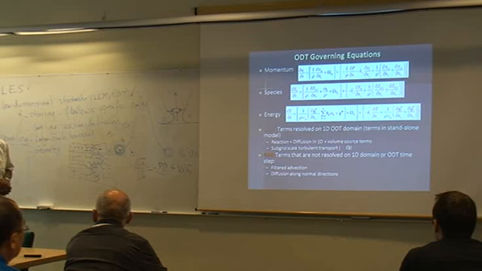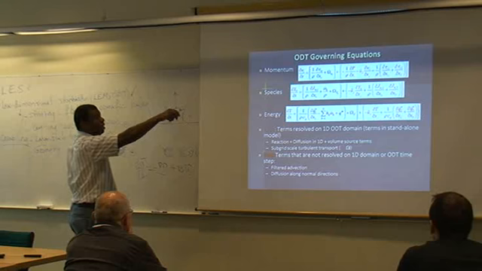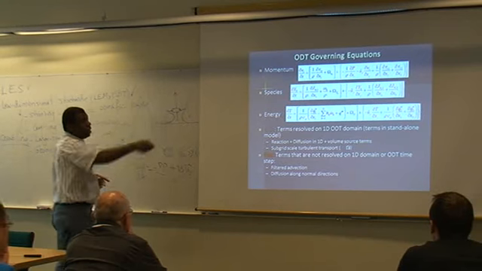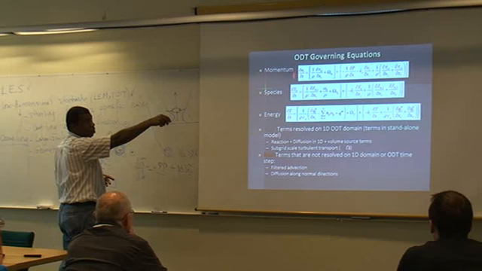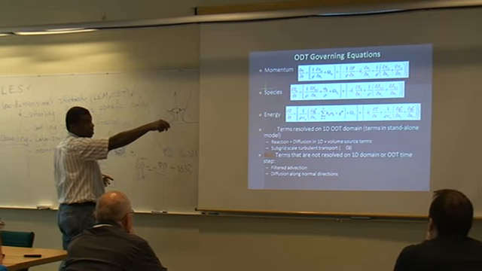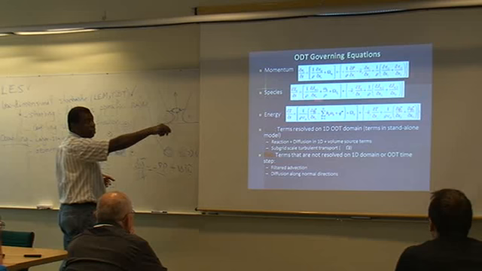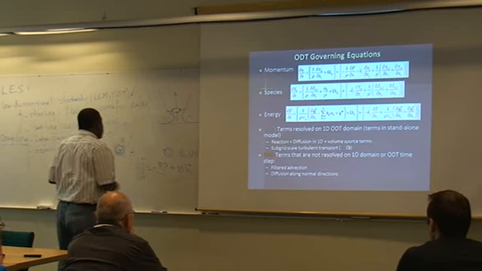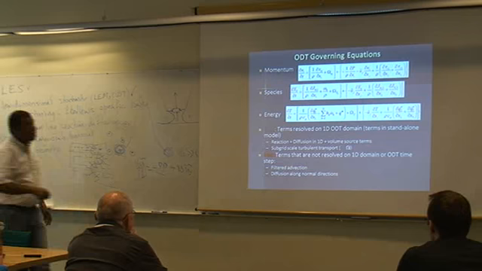And then the ODT equations. Here I'm writing a detailed equation. It does not mean that all the ODT looks like this. What I'm showing here are the unsteady terms for momentum, that's the coupling term, then species and energy. Then you have some terms that are resolved on the 1D domain, and some extra terms that you'd like to model or represent.